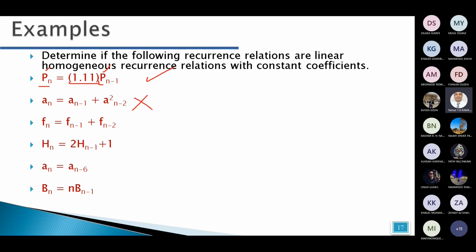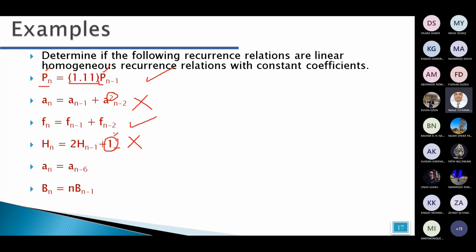This one is not linear because we have a power here. This one is linear homogeneous with constant coefficient. This one is not homogeneous. Why? Because we have this term without variable, so we don't know which variable here, because it could be variable to power 0 or something like this.